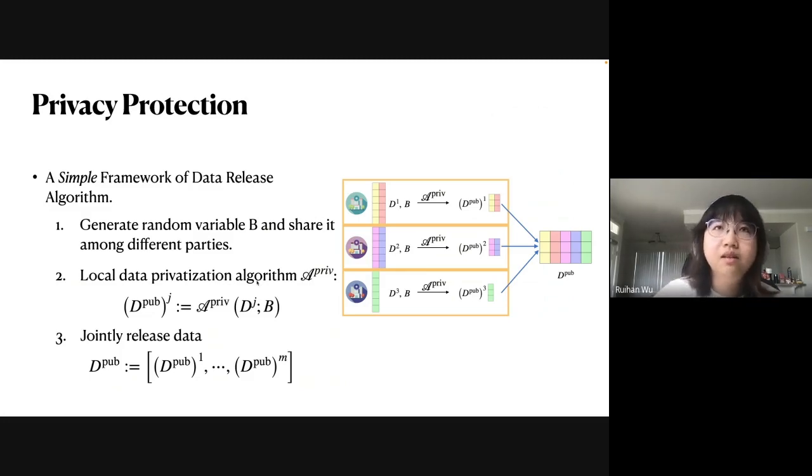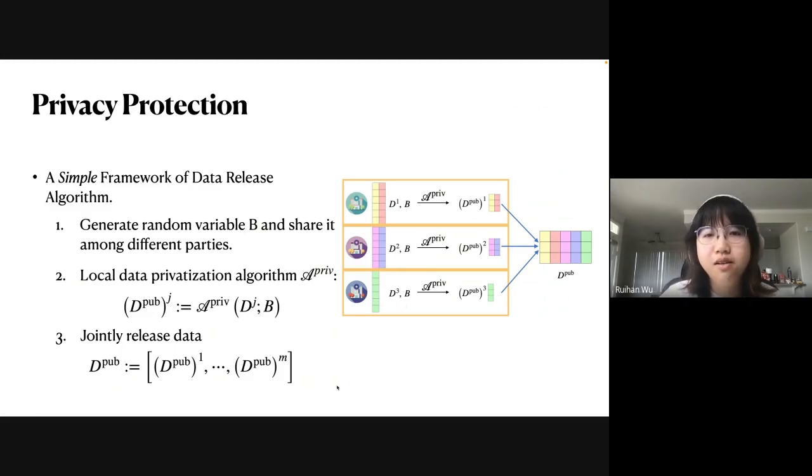So it is of course possible that in some more complicated algorithms, parties can have more communications before the algorithm, inside the process and after the process. But in this simple framework of data release, parties only have one communication, that is sharing the random variable.